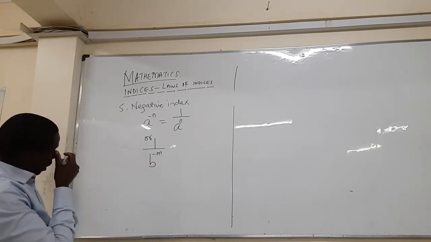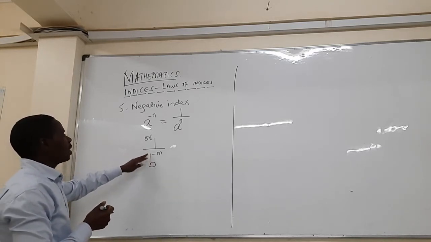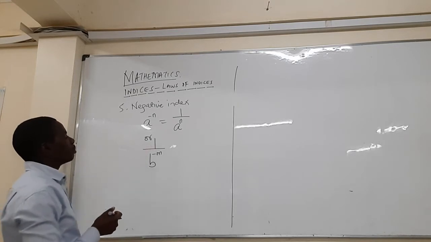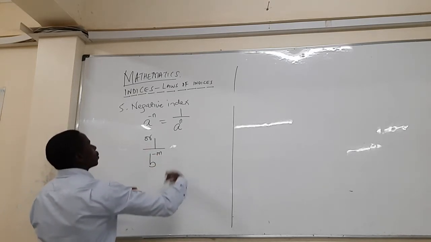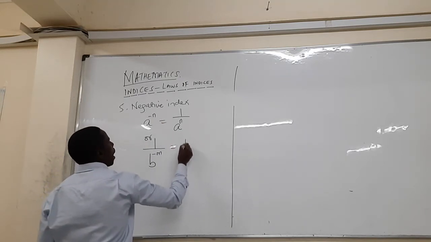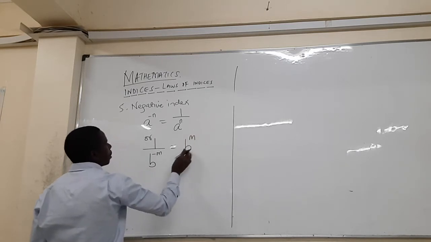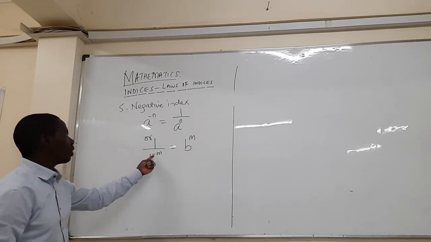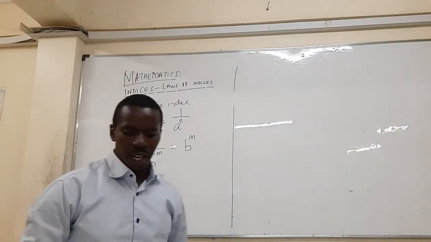If it is already on the lower side, the denominator of a fraction, to make this one positive, you find the reciprocal. So it's going to be on the other side. It's going to be b power m. Now m is positive because of this minus.